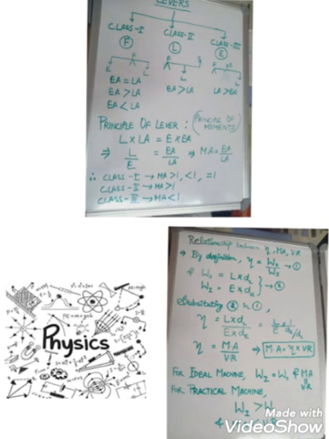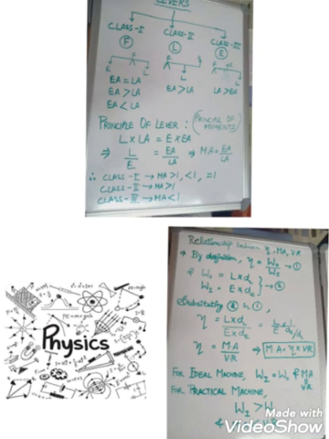If we shift the term dL to the denominator, we get a ratio of dE upon dL. And from our previous lecture, dE upon dL is actually the velocity ratio. So if we rearrange the terms, we get mechanical advantage is equal to efficiency into velocity ratio.